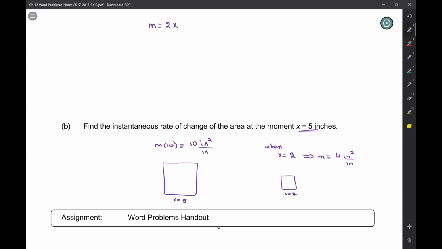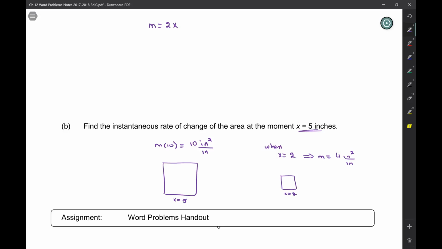When is the area increasing faster? When x is bigger. Look at you guys throwing around infinity. Right? So let's think about this.